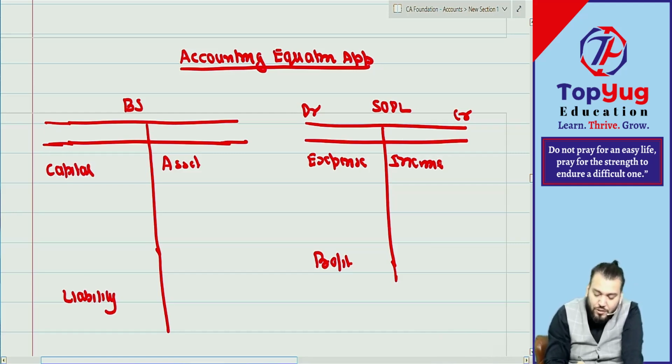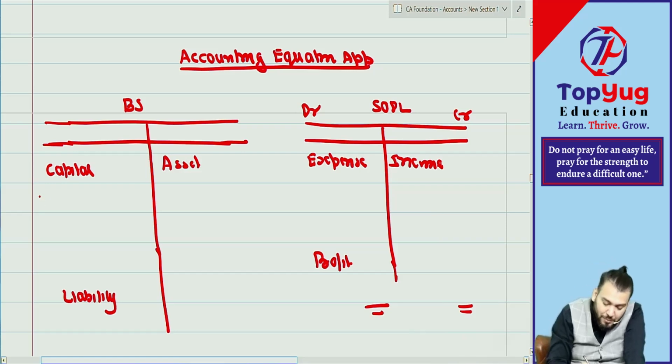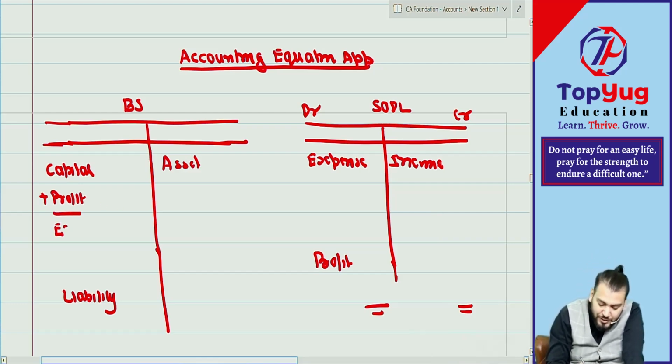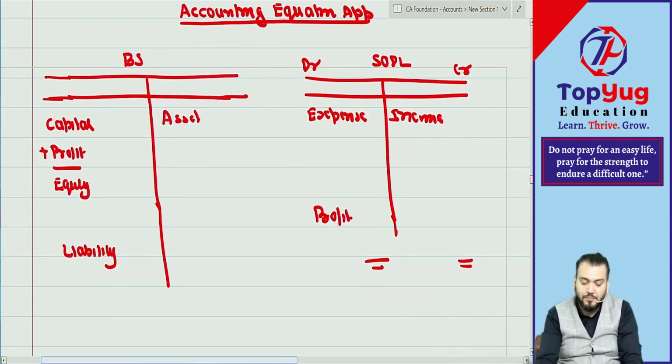So my question to you: this profit will be added to what? Capital. So we'll transfer this profit to what? Capital. And capital plus profit is known as equity. Equity. Understood? Capital plus profit is equal to equity. Are you getting what I'm saying? Have you understood?